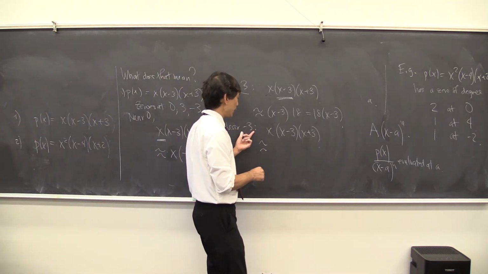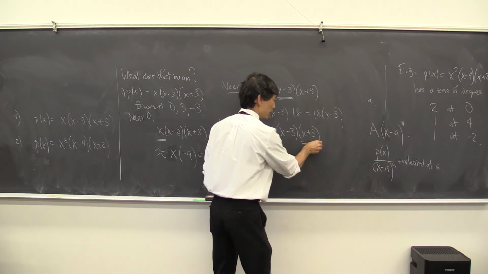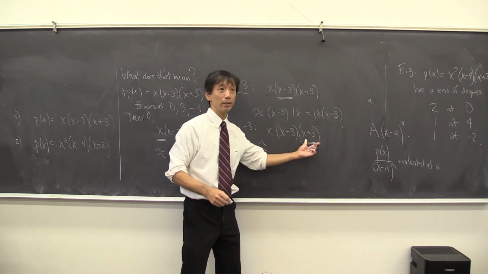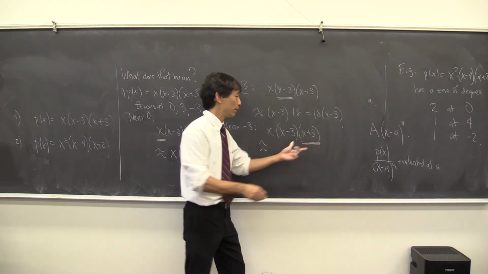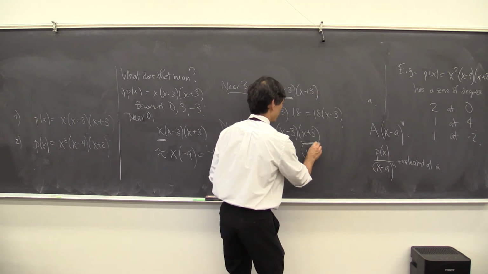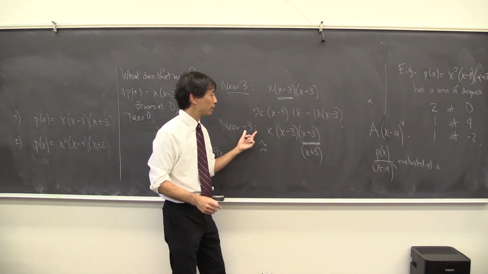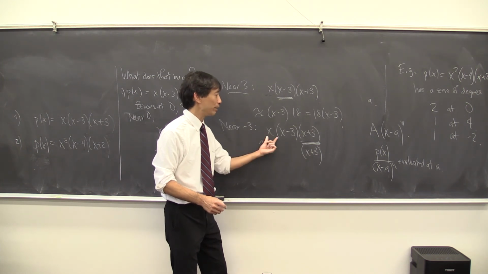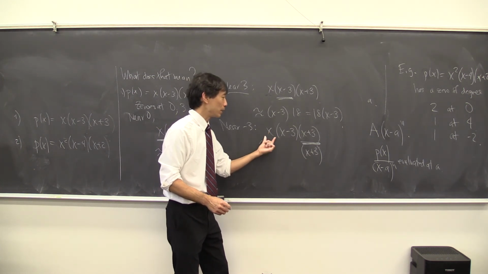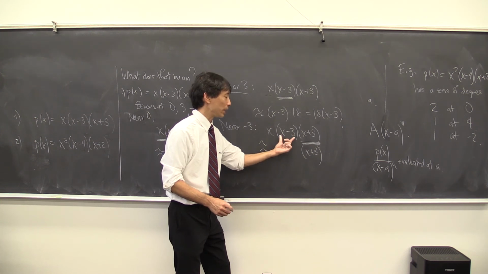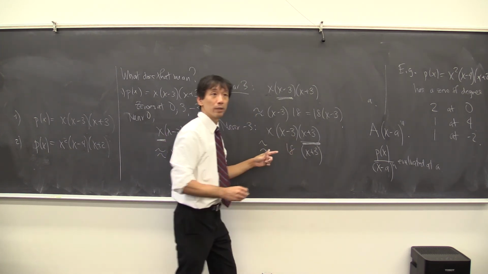Well, near negative 3, this is the term that gives us that 0, right? So we're going to have that term, multiplied by some constant. We get the constant by plugging in the negative 3 to here, right? So this is going to be negative 3, this is going to be negative 6, and we get 18 again.